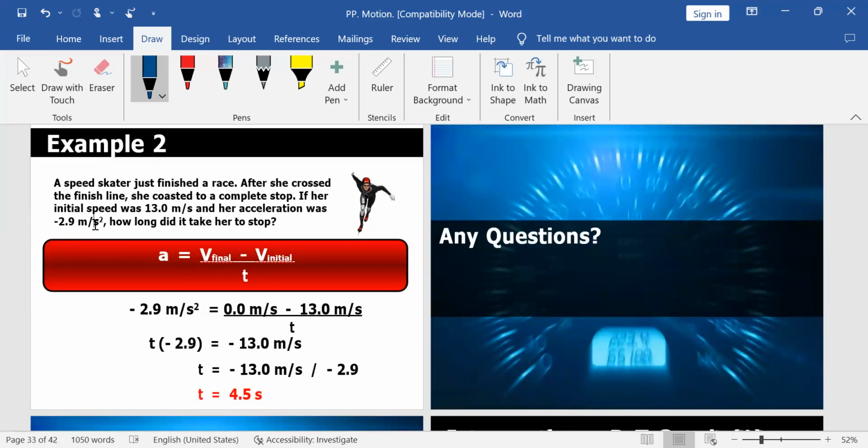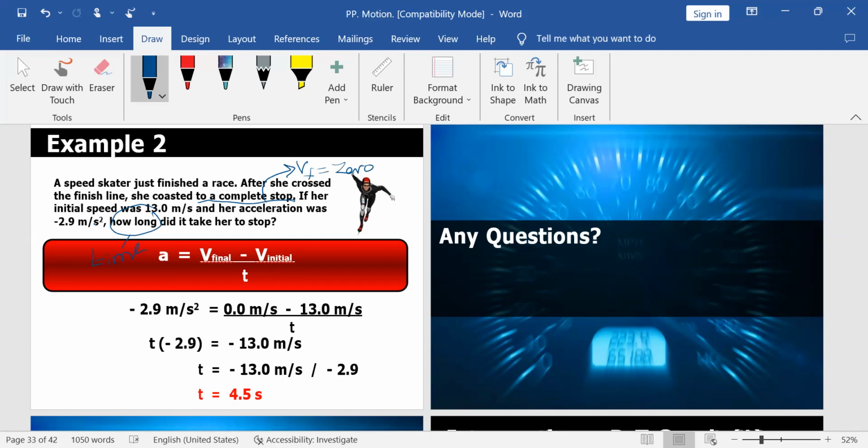Okay. So here, if you're told that the object comes to a complete stop, what does a complete stop mean? It means that V final equals what? 0. Bravo. Okay. So here, how long? You're asked to solve for what? For time, right?